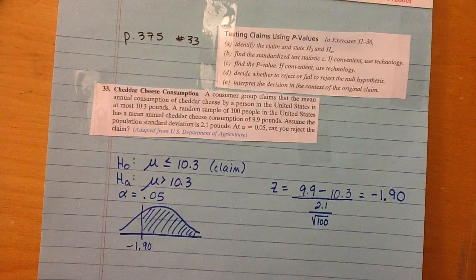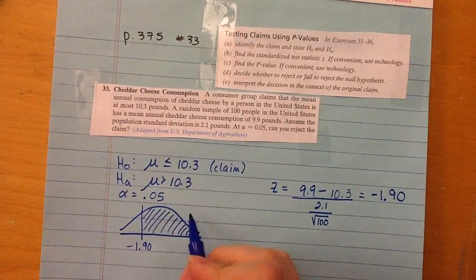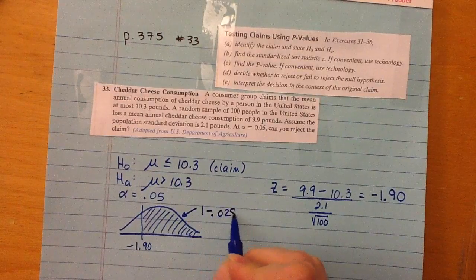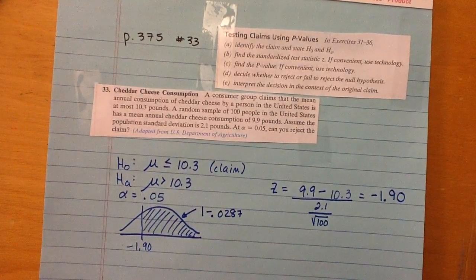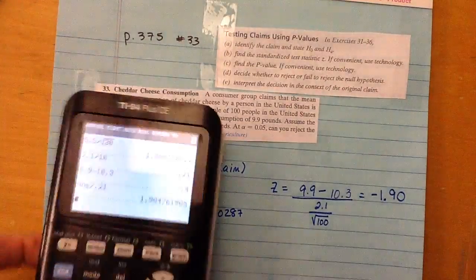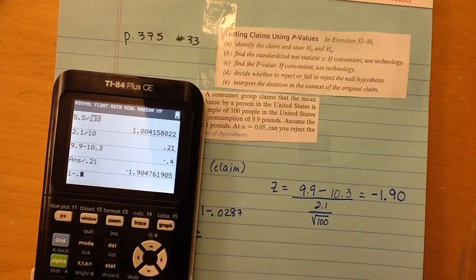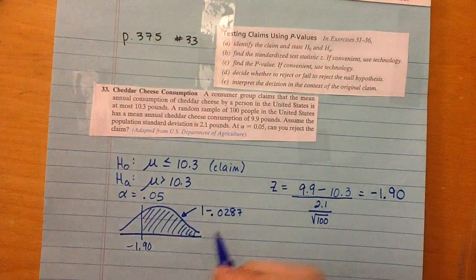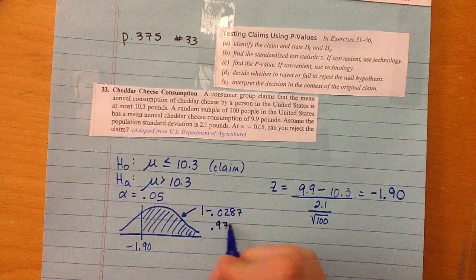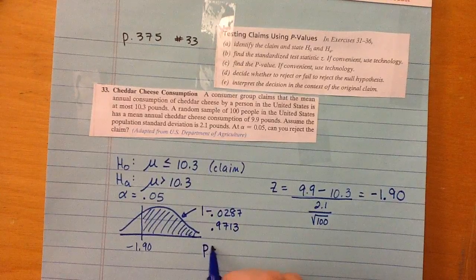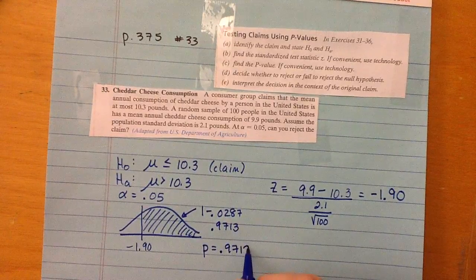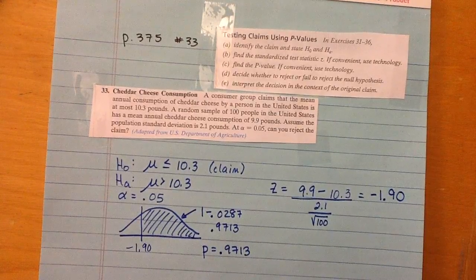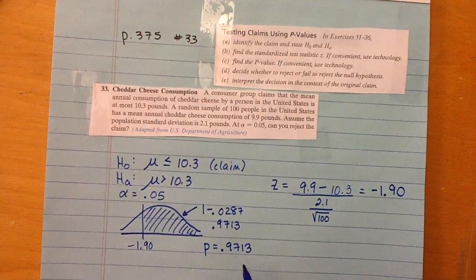So then the area for this section is 1 minus 0.0287, which is 0.9713. And that's going to be my p-value. Then I need to make my decision.